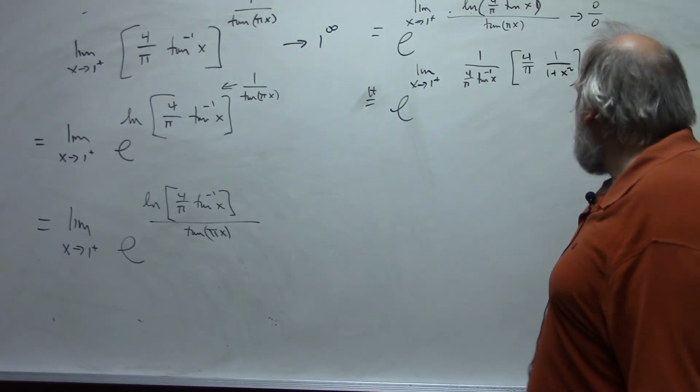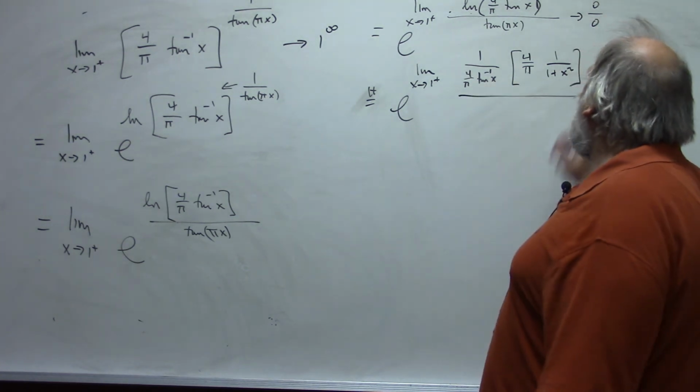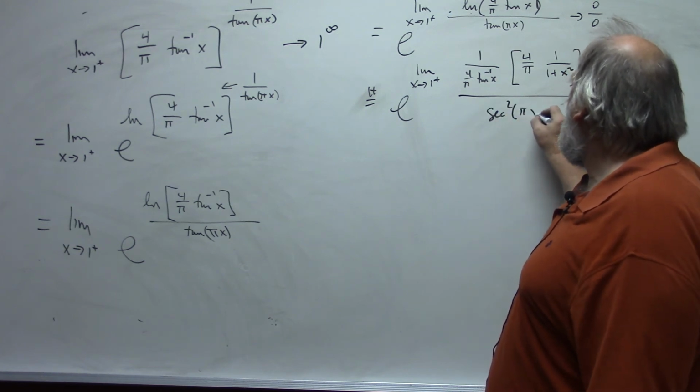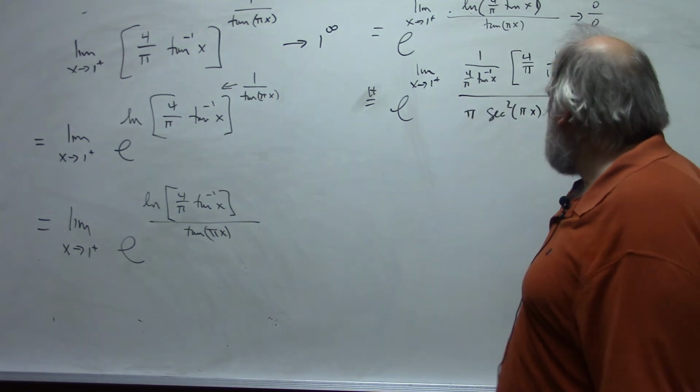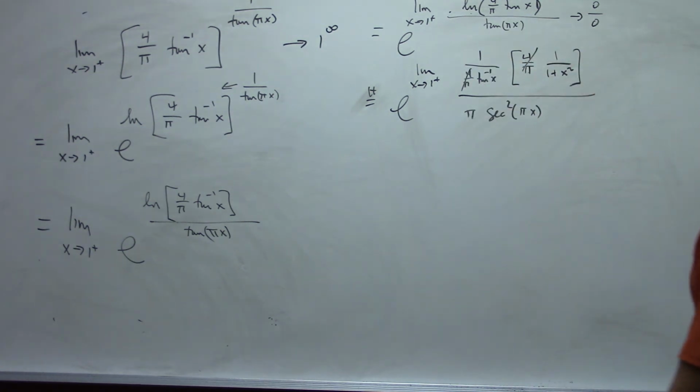That's the derivative of arctan. All divided by the derivative of tangent, secant squared of pi x times the derivative of the inside, which is pi. Notice these 4 over pi's reduce. That's what happened before.